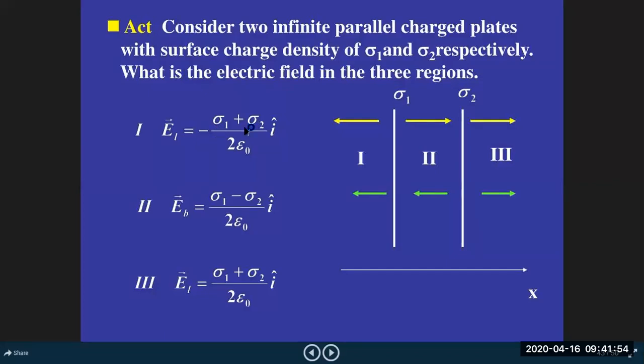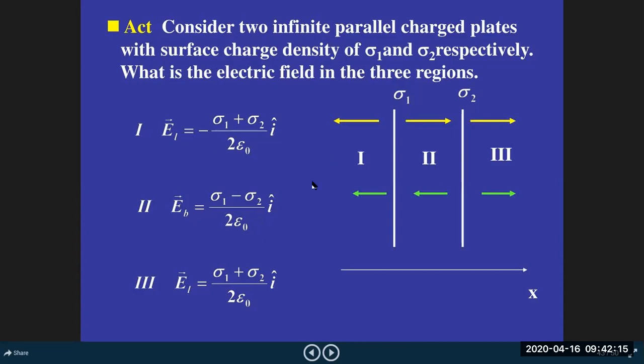Minus 2 sigma divided by 2 epsilon naught into i. So the 2 will cancel out, and we get the result minus sigma upon epsilon naught. And in this case, sigma 1 equal to sigma 2, so the electric field will be 0 in between the two plates.